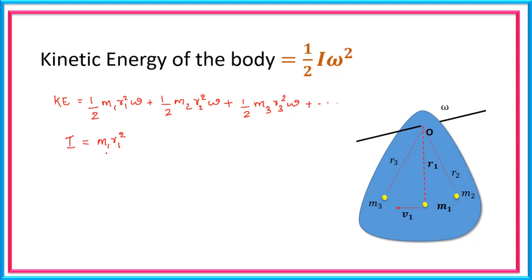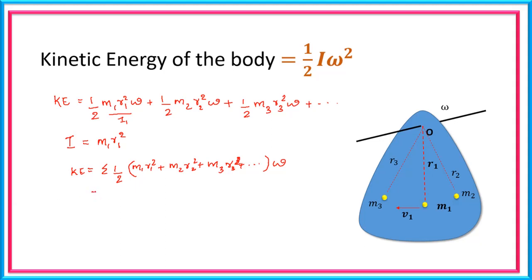Therefore, I can substitute m1 r1 square as I1, m2 r2 square as the moment of inertia of the second mass, and m3 r3 square as the moment of inertia of the third mass. Therefore, the kinetic energy can be written as half into the sum of the moments of inertia, that is m1 r1 square plus m2 r2 square plus m3 r3 square plus etc., multiplied by omega square.